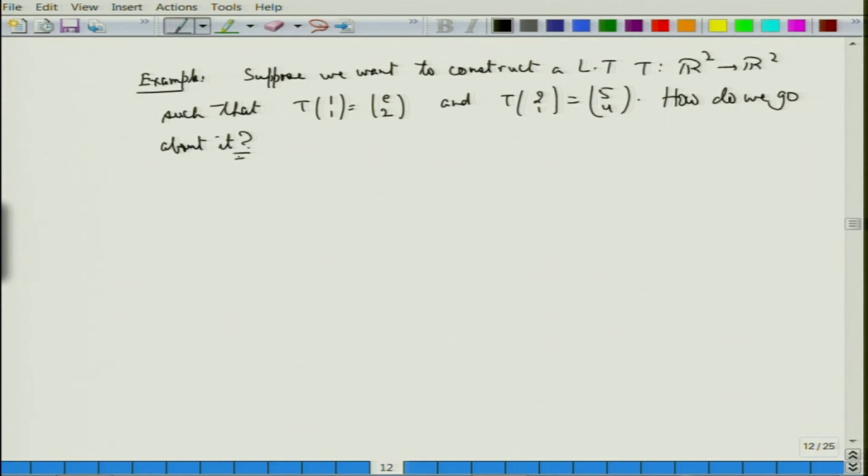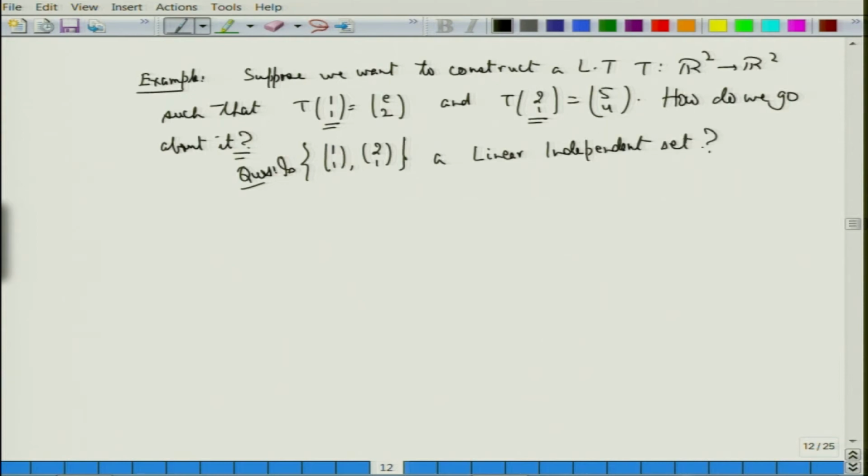The first thing we need to see is to look at these two vectors of the domain that I am talking of here. The vectors are (1, 1) and (2, 1). The first question that you need to answer is: is this a linearly independent set?